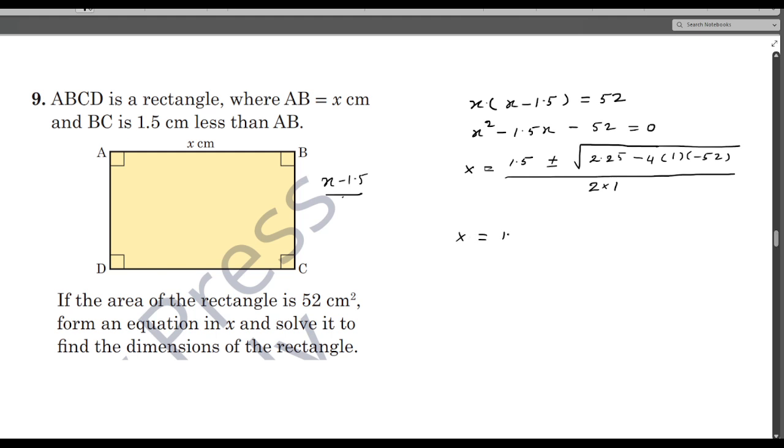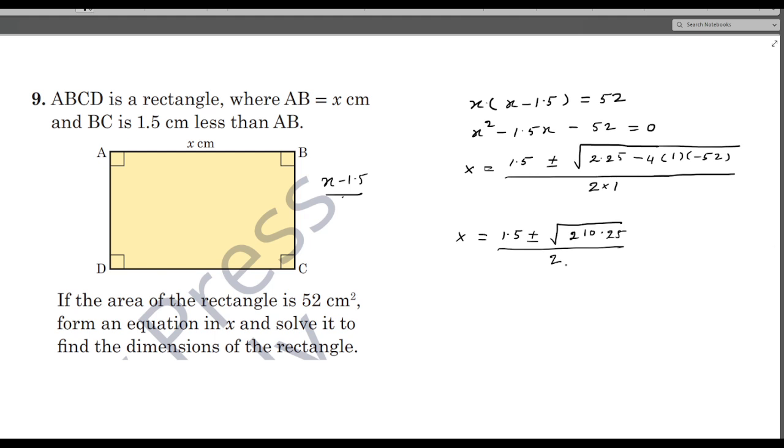So x is equal to 1.5 plus or minus square root of 2.25 plus 4 times 52. So that is 210.25 and whole divided by 2. So if I take the square root of 210.25, it is 14.5. So x is equal to 1.5 plus or minus 14.5 divided by 2.